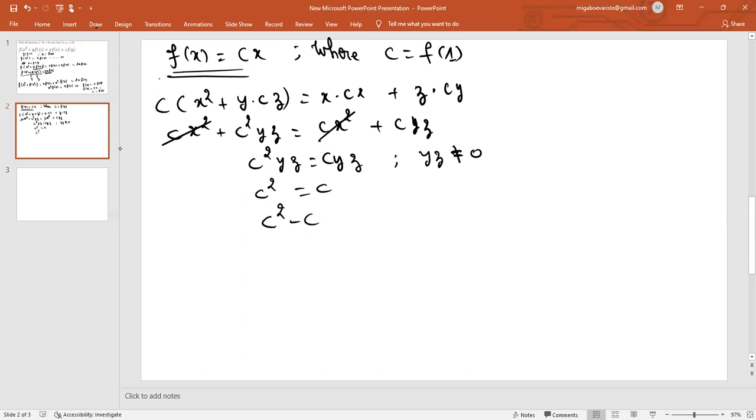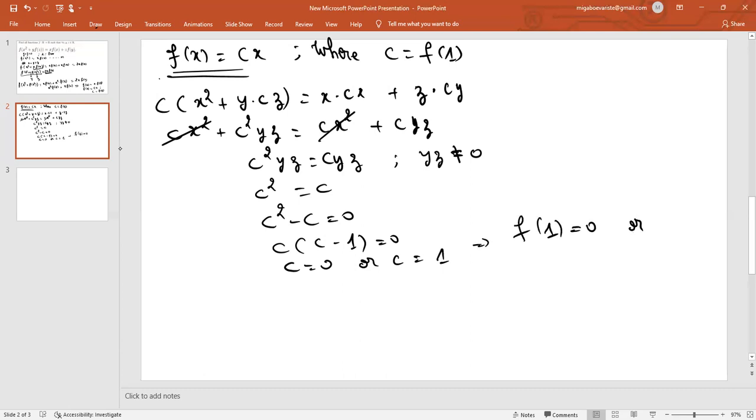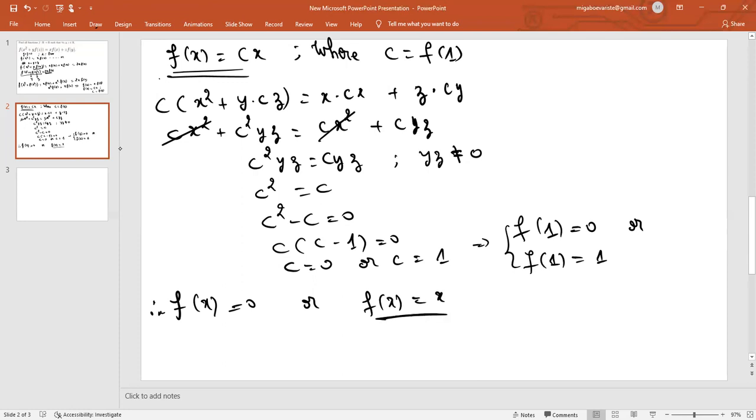So c squared minus c equals 0, and we get c equals 0 or c equals 1, which implies f of 1 equals 0 or f of 1 equals 1. Therefore f of x is just 0, or f of x is just x. So these are the two required functions f of x.